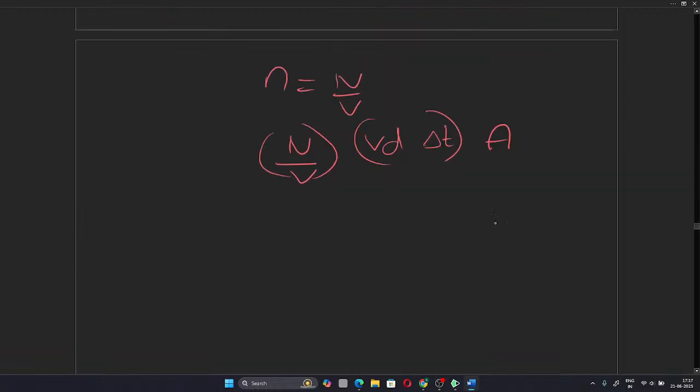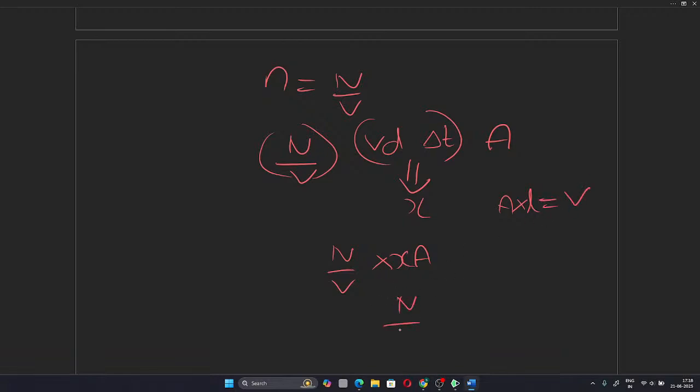We know that Vd times delta t gives the distance, so this will be N by V times x times A. We know that area times length equals volume, so V and volume cancel, and we get N, the total number of electrons.